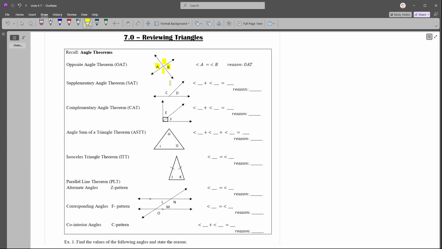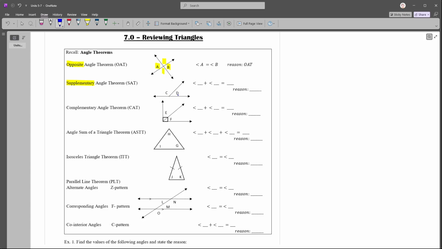There's lots more that are just like this. The next one, so let me just highlight this, is called the supplementary angle theorem. If you have a straight line and then another straight line coming from that straight line at any angle, the two angles on the opposite sides of that second line will add up to be exactly 180 degrees.